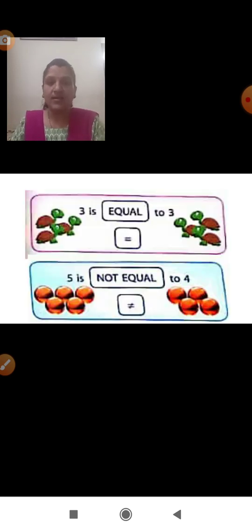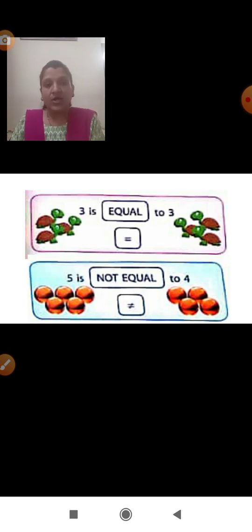Now, let's move to the next concept: equal or not equal. Look at this picture. In the first box, at the left side there are 3 tortoises. On the right side also there are 3 tortoises.